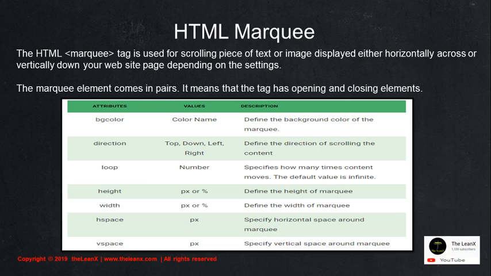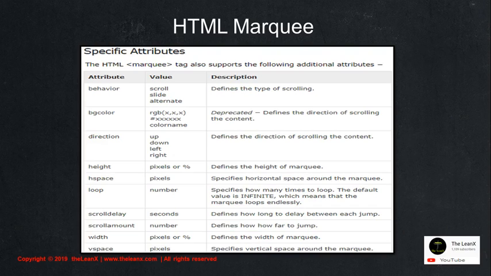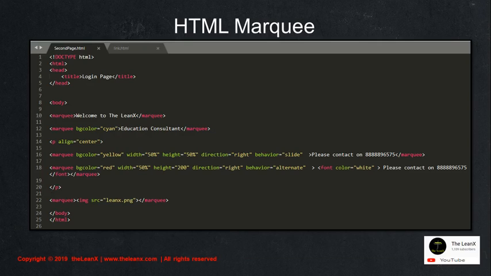So we know that HTML marquee is used for scrolling piece of text or image anywhere horizontally or vertically, down, up, left, right. There are different attributes called as behavior, background color, direction, height, loop, scroll delay, width. And then we have seen different marquee attributes.